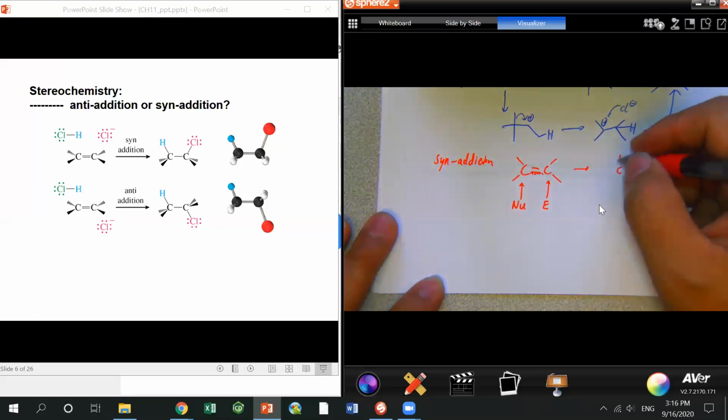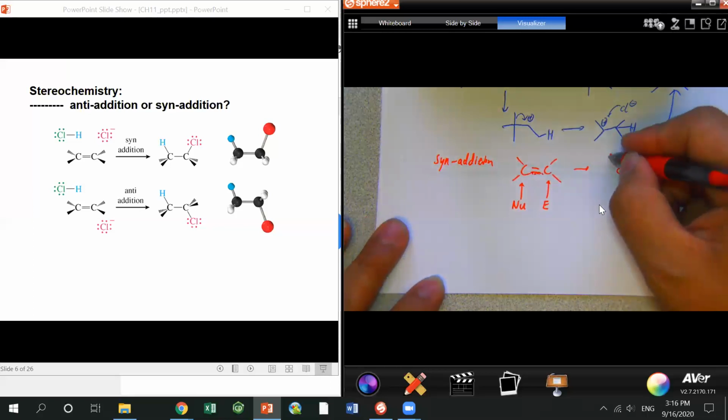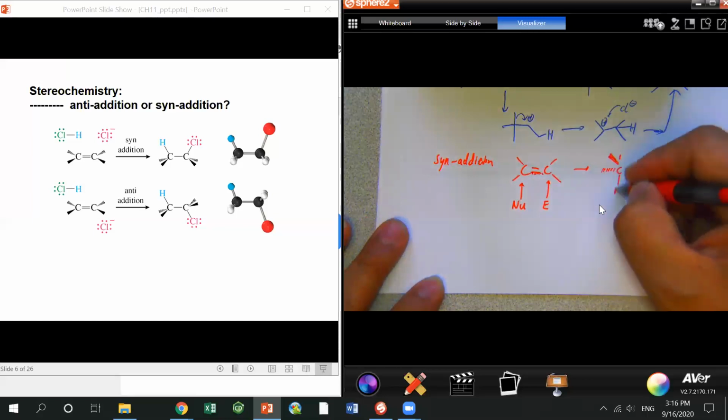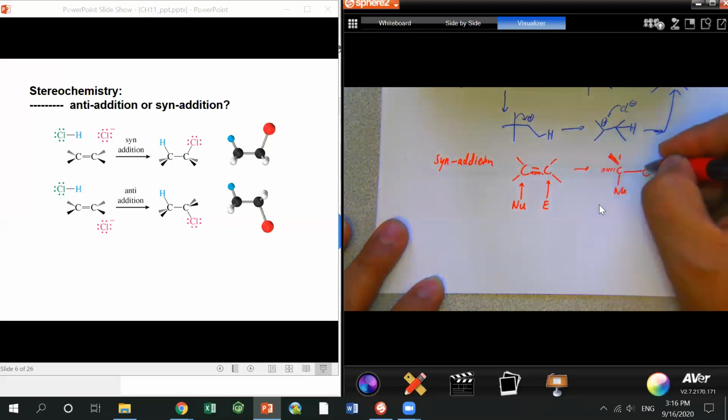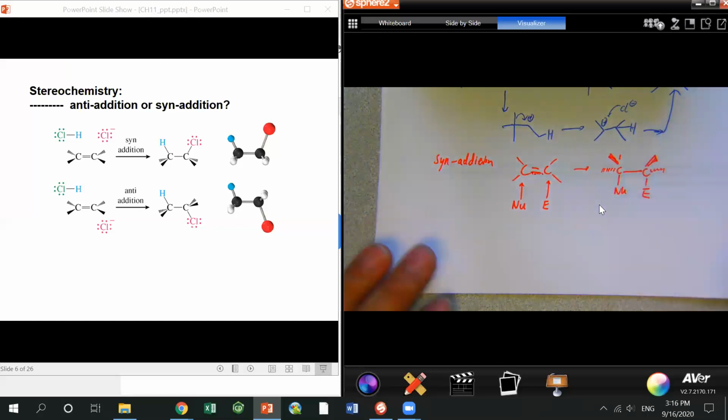So maybe draw it like this. Yeah, that's a syn addition.